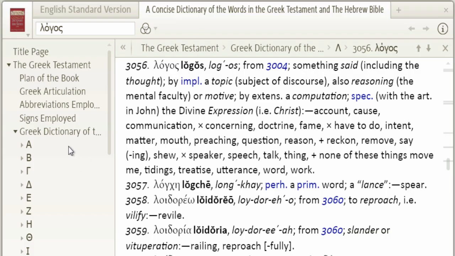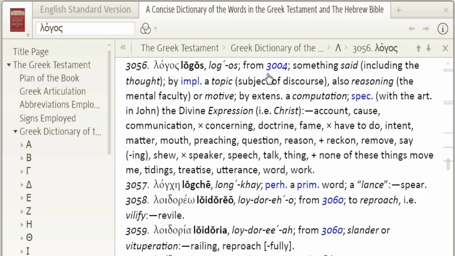You can see over here that this dictionary is organized alphabetically, and looking at the article, we have here the Strong's number, which I showed you in the reverse interlinear, that this number is tied to the Greek word logos. And here we have, of course, the Greek word, along with its transliteration, so putting the Greek letters into corresponding English letters. And we have a pronunciation here.